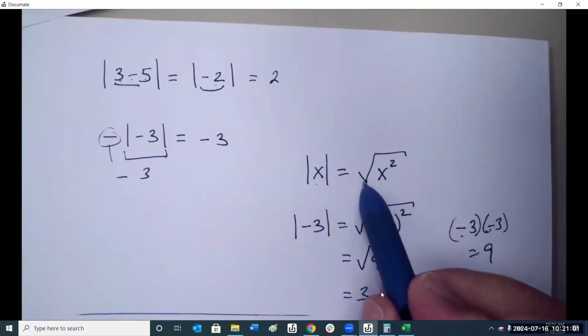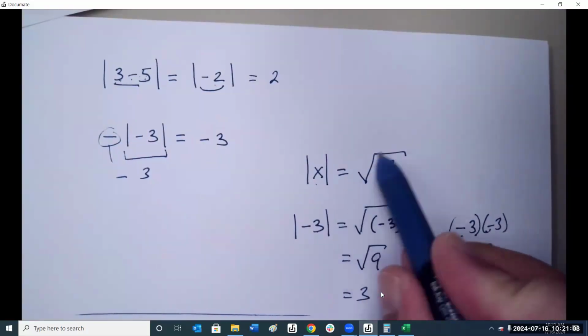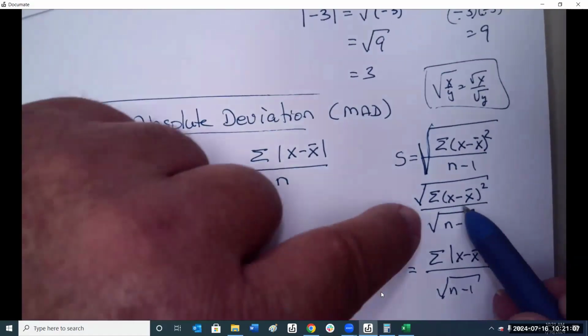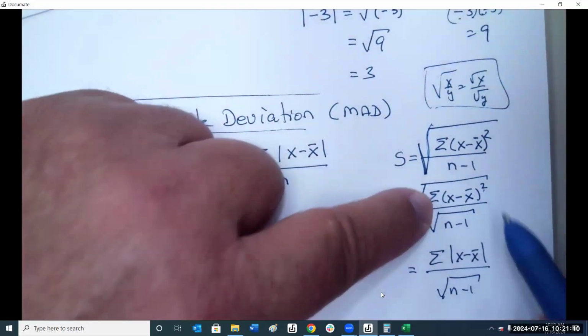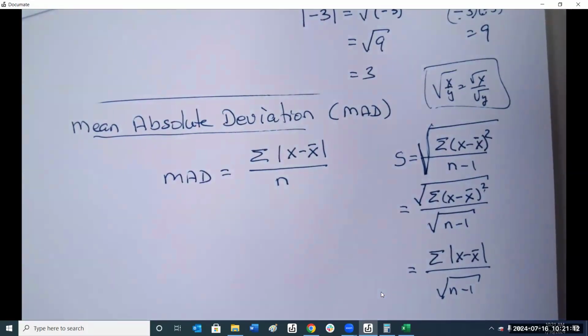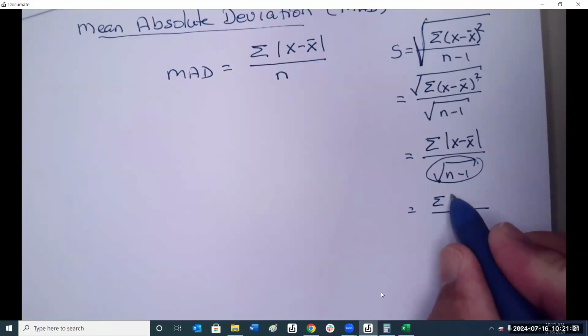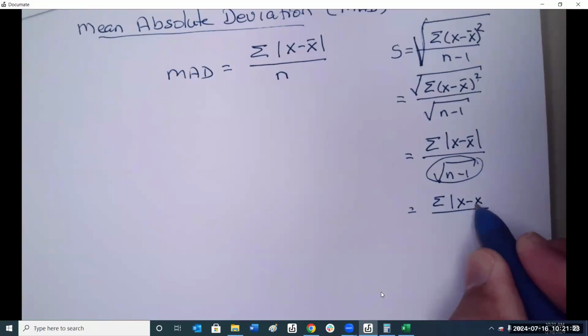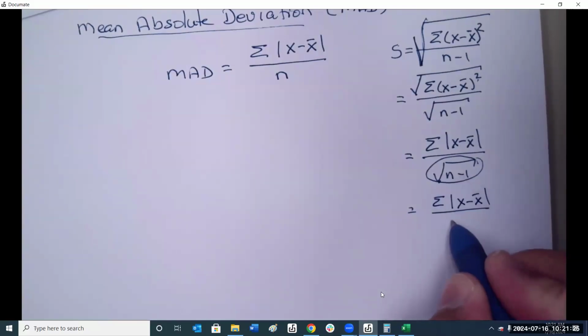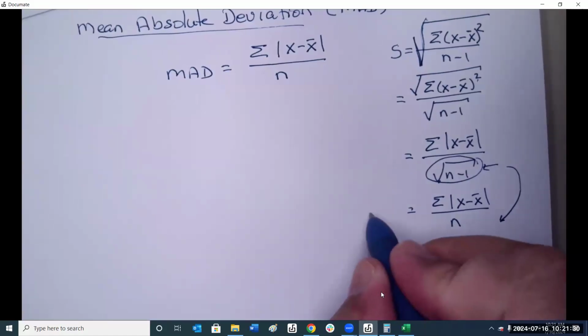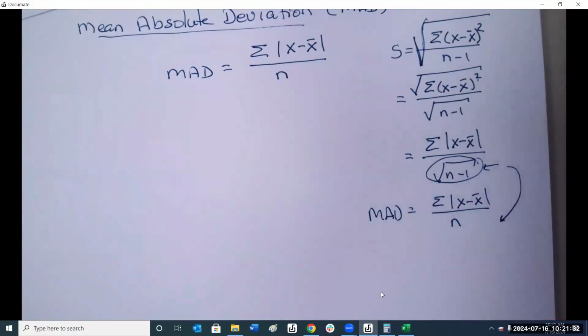Let's look at this. The square root of x squared is the absolute value of x. So now, since we square root, this is the only big difference. Instead of the square root of the n-1, we simply have n, and that gives us our MAD.